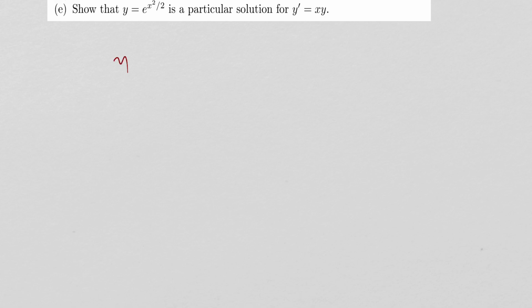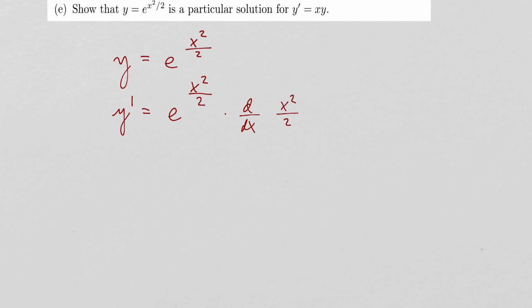In E we had the function e to power x squared divided by 2. Its derivative is: derivative of the exponential is itself, and we need to multiply by the derivative of the inner function. Well, this is 2x divided by 2, which is just x.